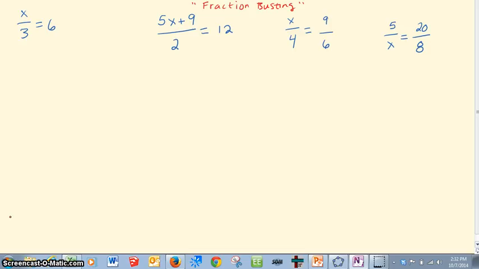When you see proportional equations like this, the goal should be to eliminate the denominator. So I need some multiplier, and the multiplication property of equality.